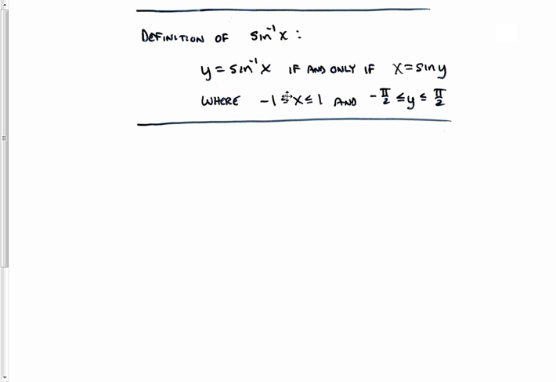In other words, we take the sine of this value, then we get this value. Now, remember, the domain of this inverse sine function, the x's, are between -1 and 1. So that's what goes in here. And the result we get, the y's, the result of finding an inverse sine, are angles between -π/2 and +π/2.